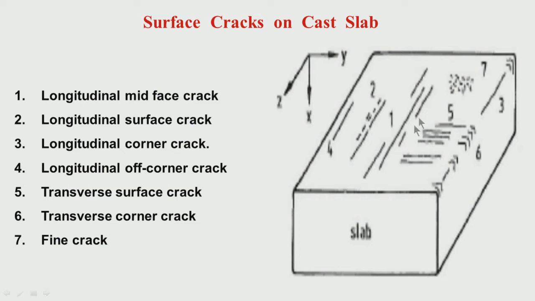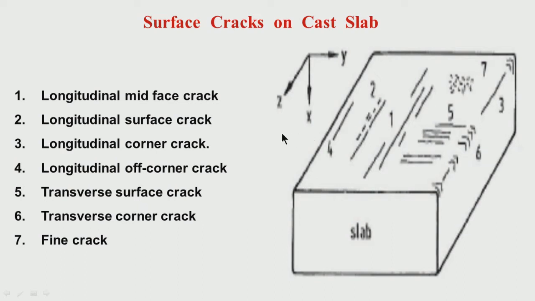Depending on their orientation, they can be longitudinal, transverse, at the corner, at the mid face region, at the off corner region, and they can be fine cracks not having any particular orientation, neither longitudinal nor transverse.